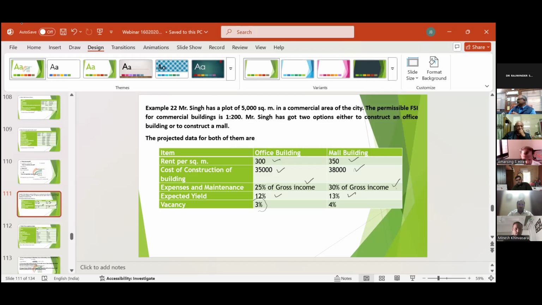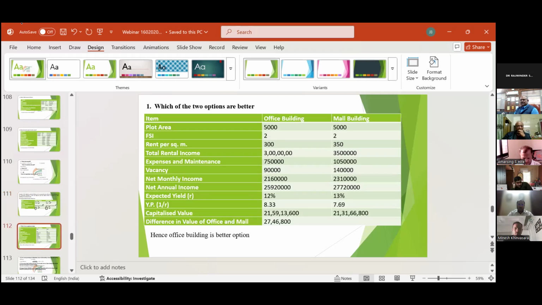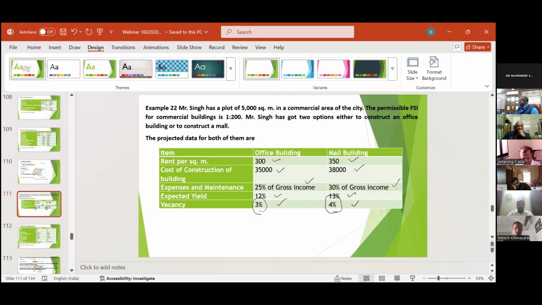Vacancy rate is 3% in case of office building, and it is 4% in case of mall building. This is the data given to you. You have to check which of the two options is better. So how will you proceed in this case?